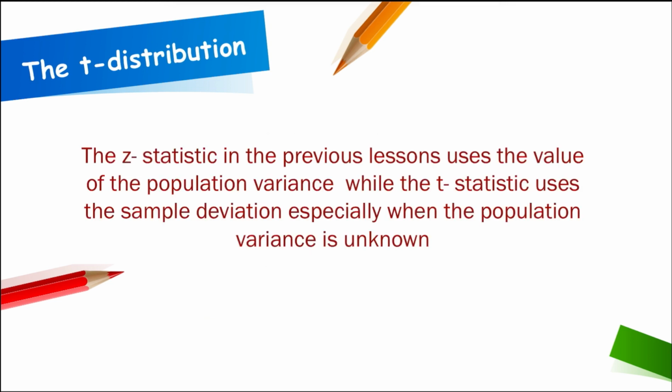The z statistic in the previous lessons uses the value of the population variance, while the t statistic uses the sample deviation, especially when the population variance is unknown. Take note, the population variance here is unknown.